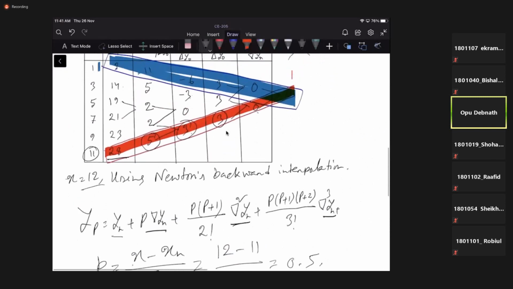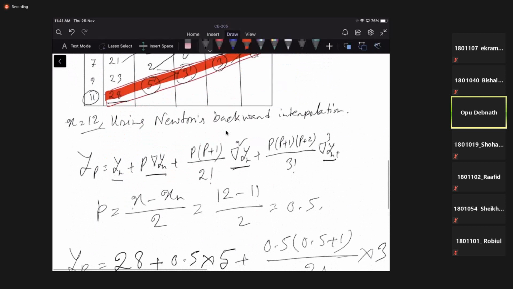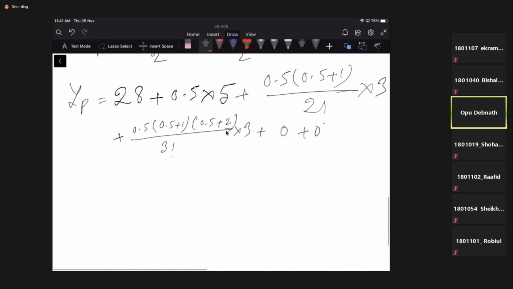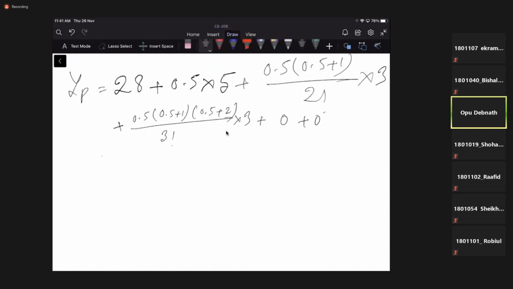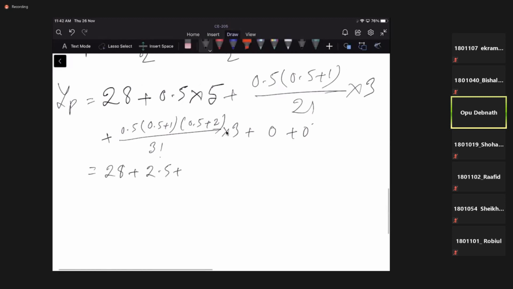Actually the next two coefficients from this table are 0, these two are 0, so you do not need to write them, it's unnecessary. So this is your calculation. You can simply calculate: 28 plus 2.5 plus, 2 factorial means 2, so this will give you 0.5 multiplied by 1.5 multiplied by 3 divided by 2, plus 1.